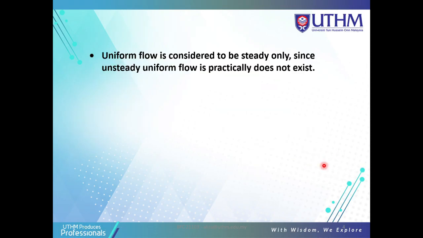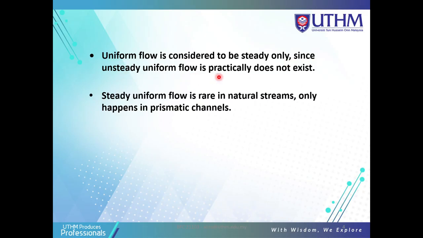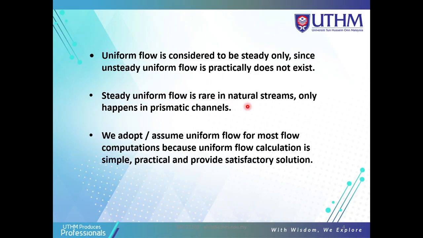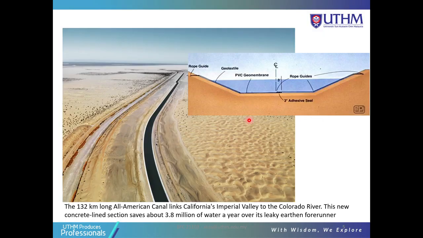Uniform flow is considered to be steady only, since unsteady uniform flow practically does not exist. Steady uniform flow is rare in natural streams and only happens in prismatic channels. Still, we assume uniform flow for most flow computations, because the calculation is simple, practical and provides a satisfactory solution.